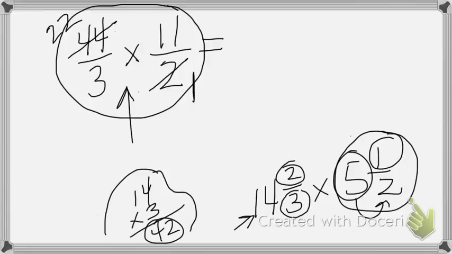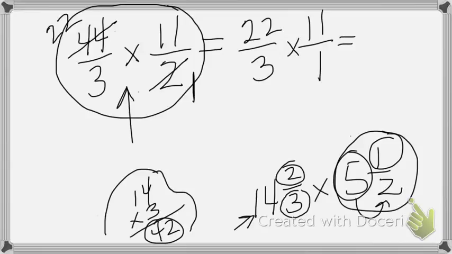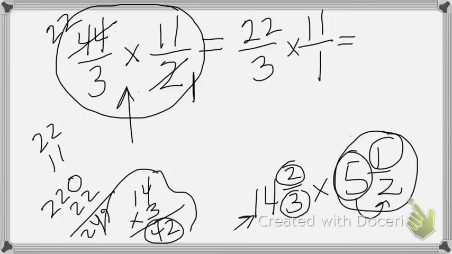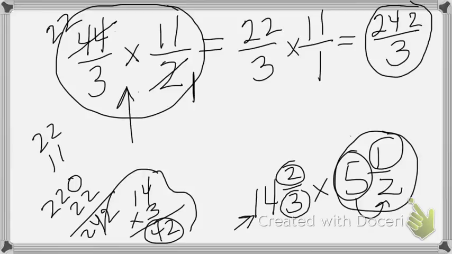Okay, so now we have 22 over 3 times 11 over 1, and if we did this multiplication, 22 times 11, I'm going to just show you how I would do it. I would do 22 times 10, which is 220, and then 22 times 1, which is 22, so 242 over 3. And so here we go, we have our final fraction here.